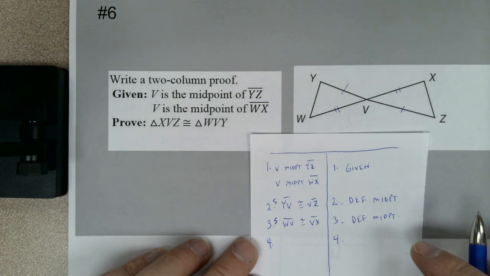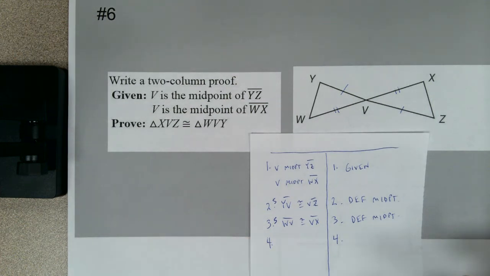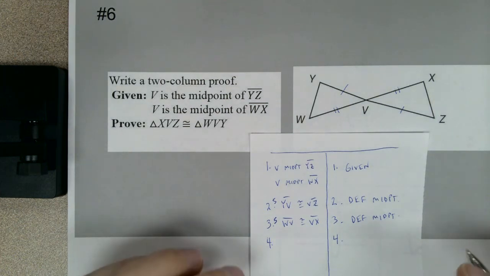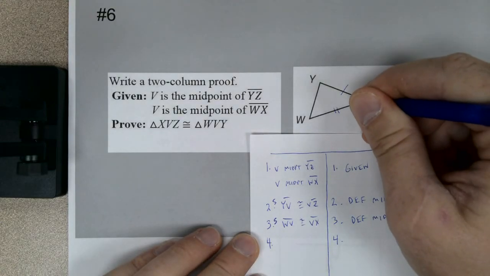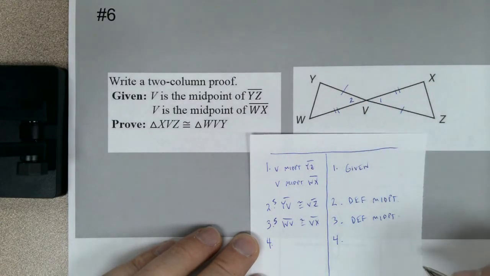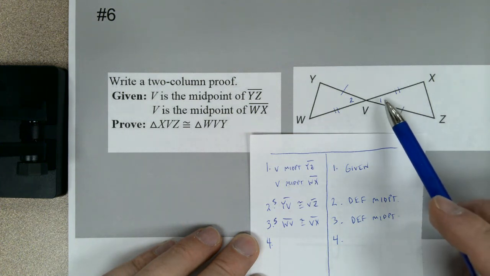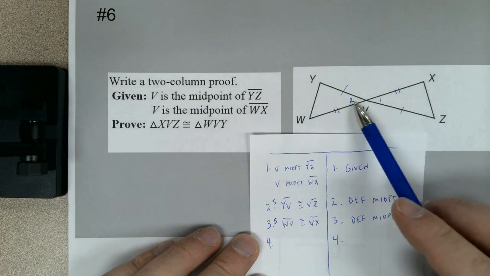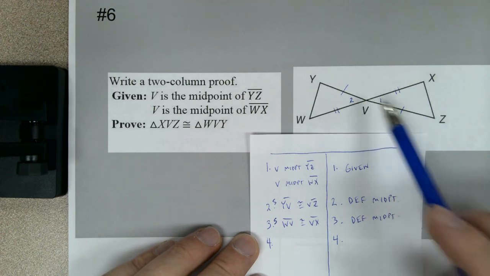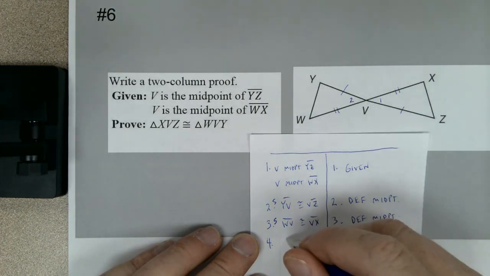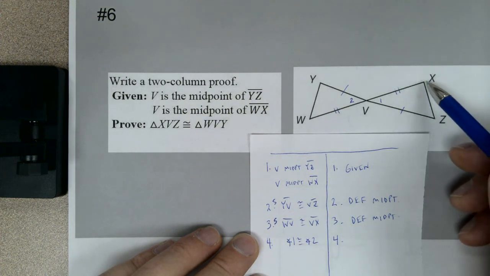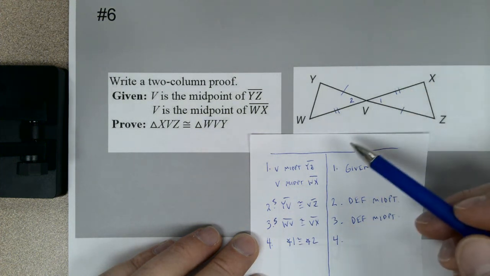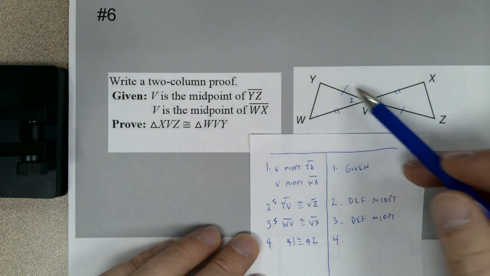Now, one of the things I'm going to show you in this picture that might make it a little easier is I'm going to put numbers on these middle angles. You don't have to do this, but it helps, because we know that these two angles are vertical, so we can say that angle 1 is congruent to angle 2. You could have also said angle XVZ is congruent to angle WVY.